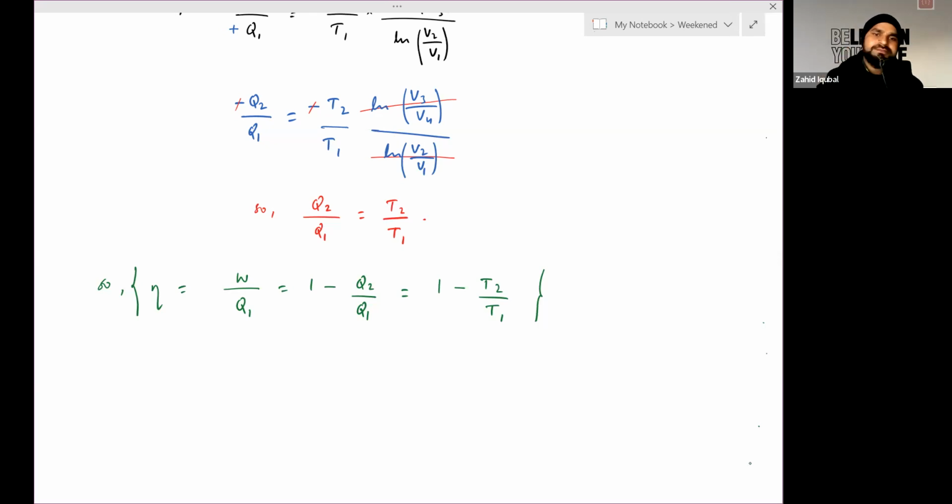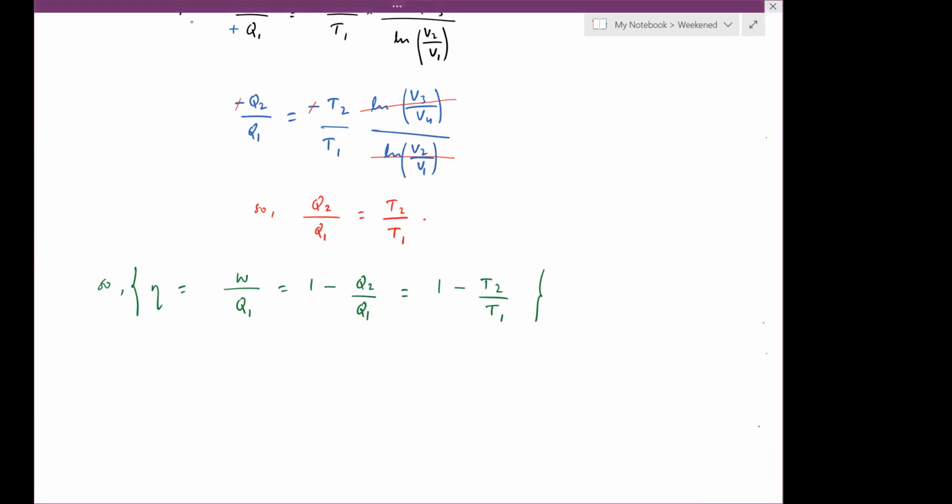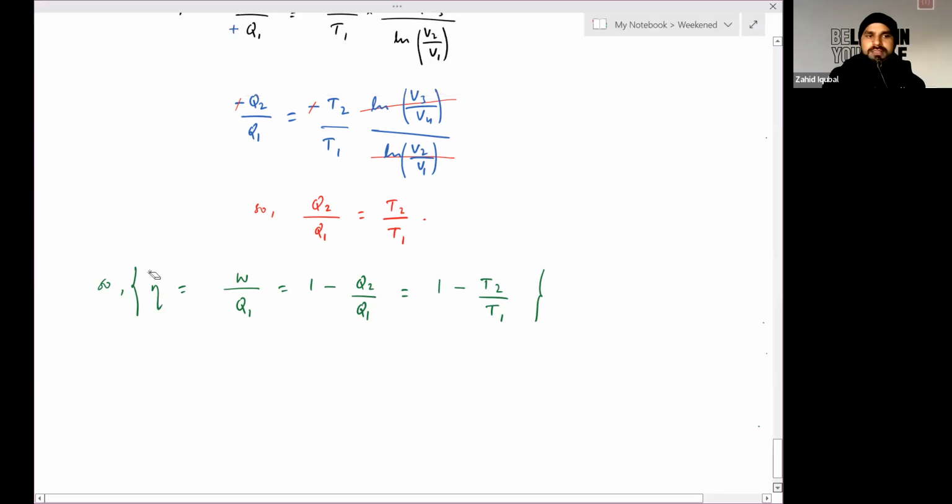No, sir. Okay, just let me define. Let's say this eta to be 1. So this T2 must be 0 so that this fraction becomes 0, so that 1 equals eta. Is it clear?